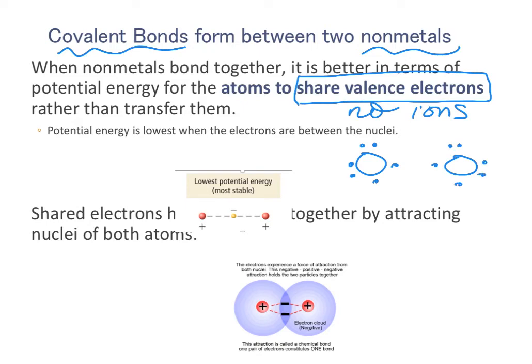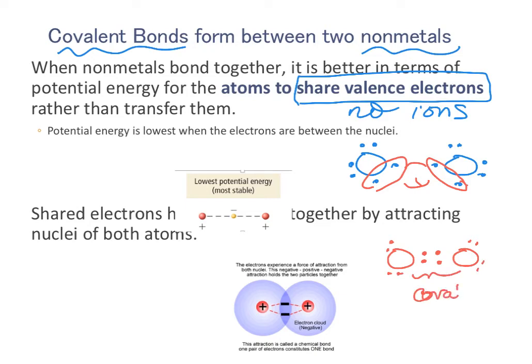Remember, every element's a noble gas wannabe, so they all want 8 valence electrons. So each oxygen wants 2 additional valence electrons, right? Well, by coming together and sharing, look what ends up. If they each share 2 electrons, that's a covalent bond.